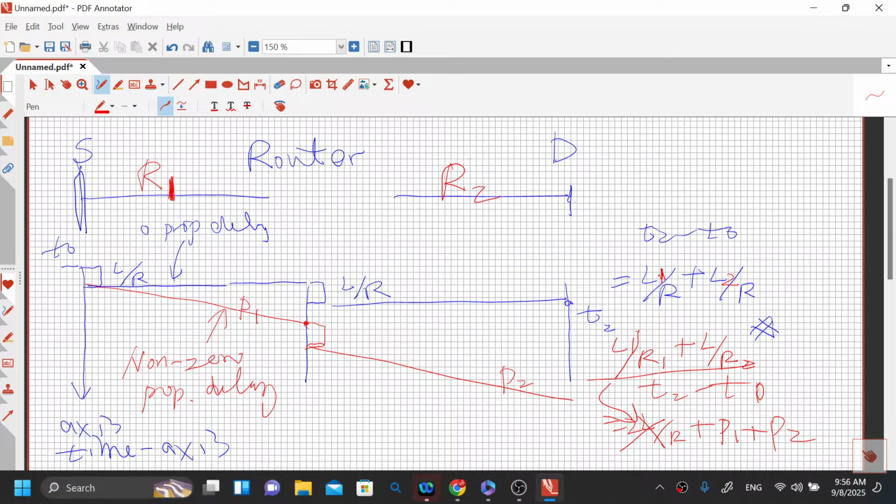And furthermore, I should erase some of them.